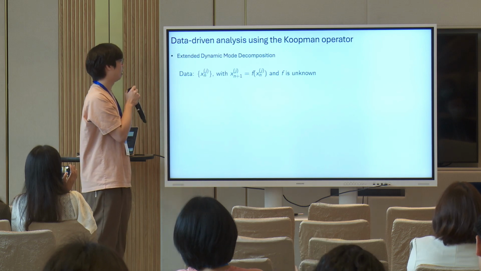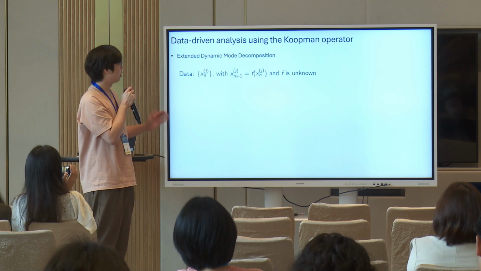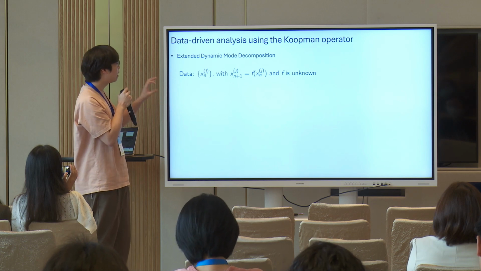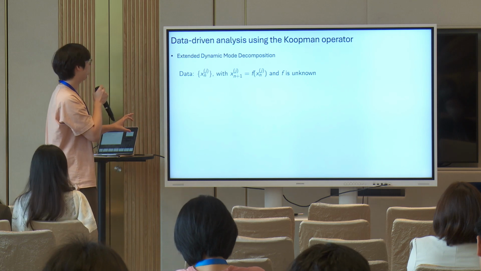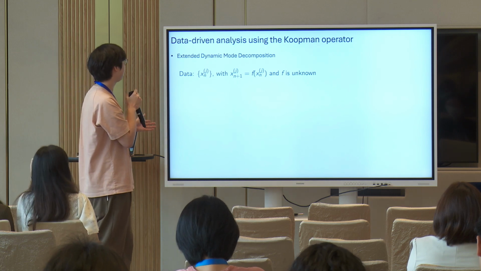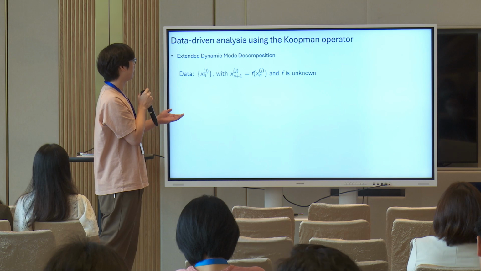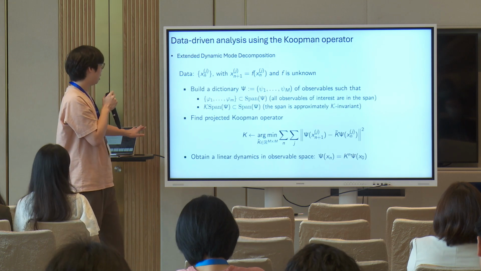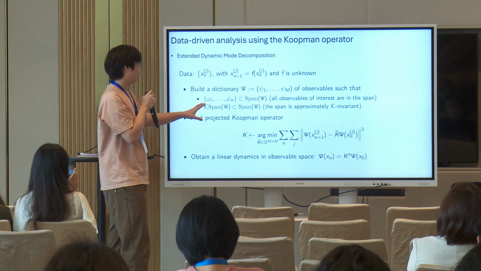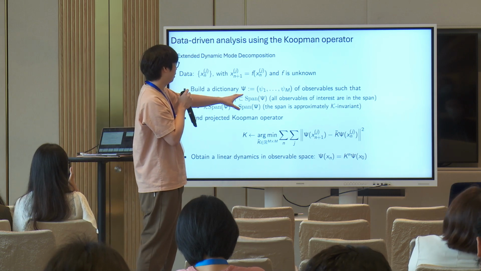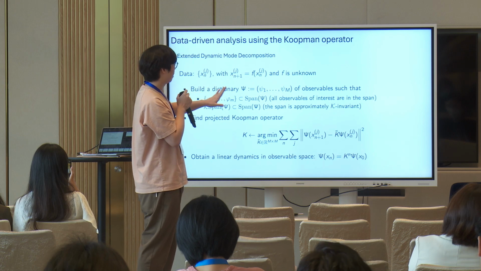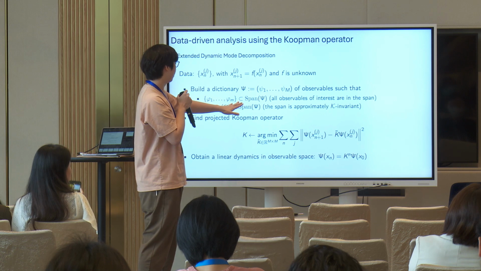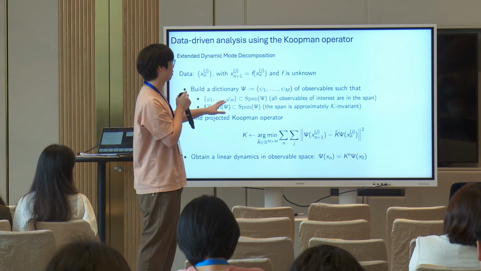So the idea is to map this nonlinear continuous function to an infinite-dimensional but linear space. The method we are using here is called extended dynamic mode decomposition using the Koopman operator. With the same set of input data, we first build a dictionary function called psi, which is a basis span. The space of psi is a span of the basis functions of the dictionary.